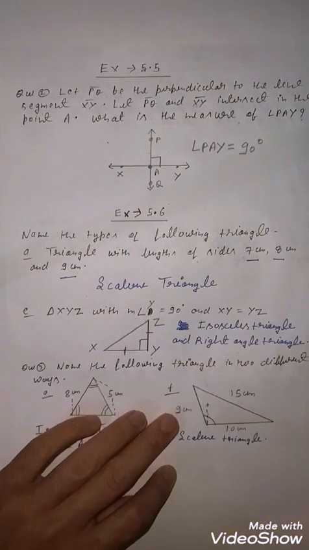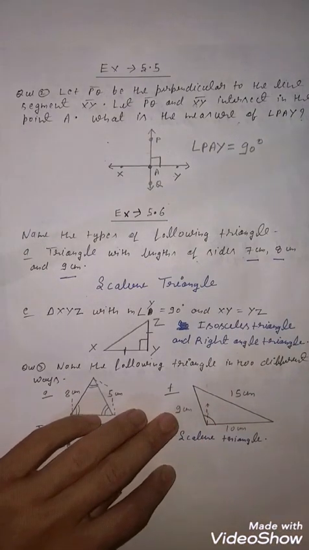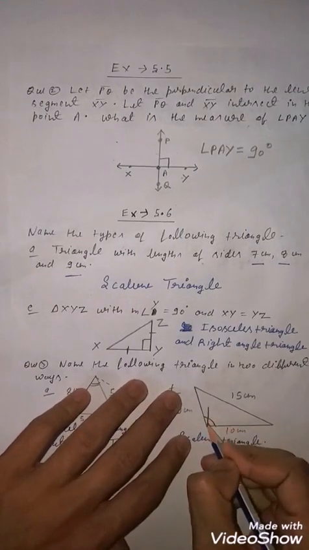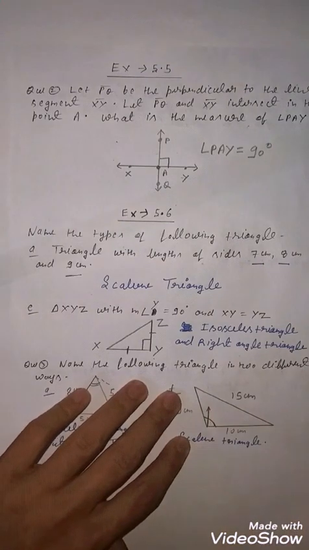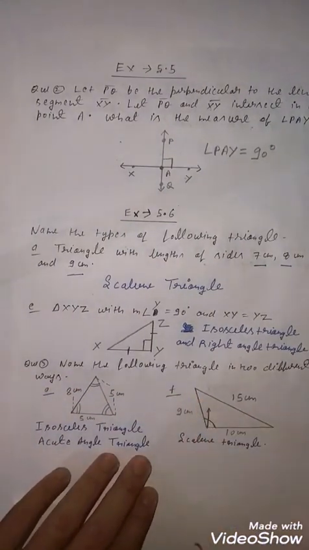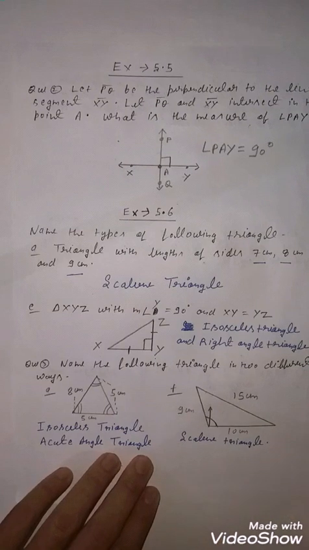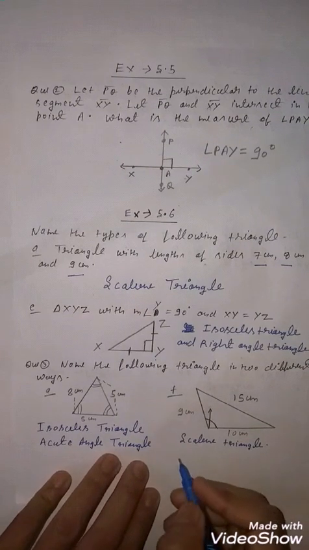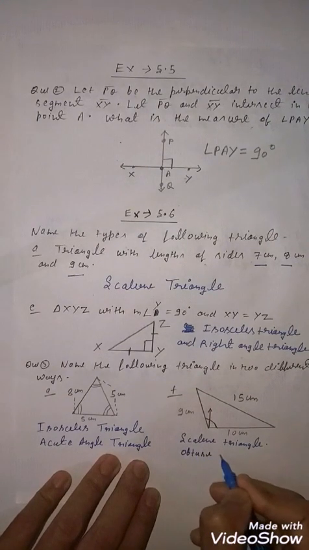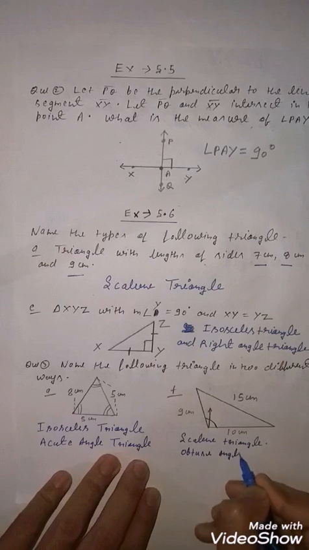Clear, students? 90 degree, sorry. Here if you want to know 90 degree, so like this type of 90 degree will go. Clear, student? So here you can see this line is more than 90 degree. Clear? So what type of angle? If more than 90 degree, it means this is obtuse angle triangle.